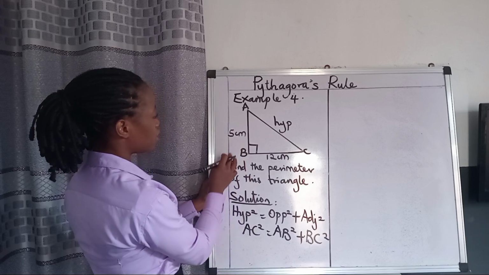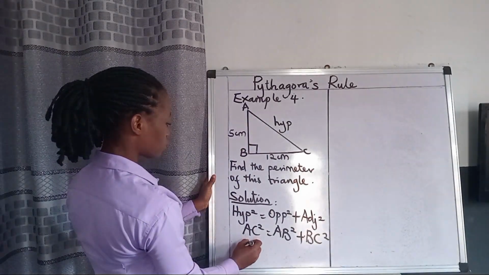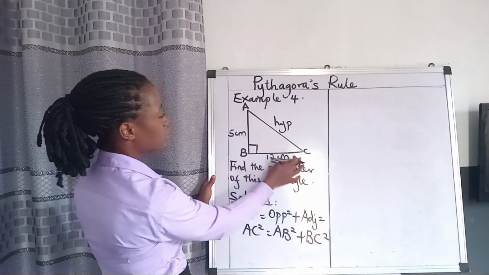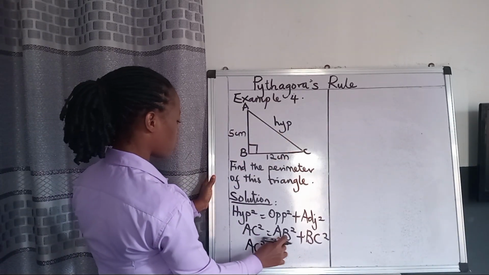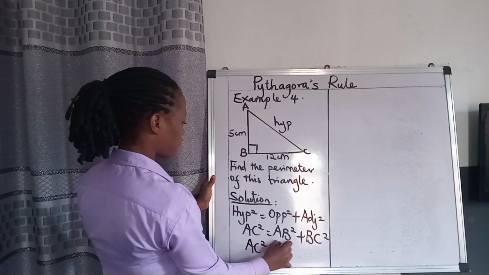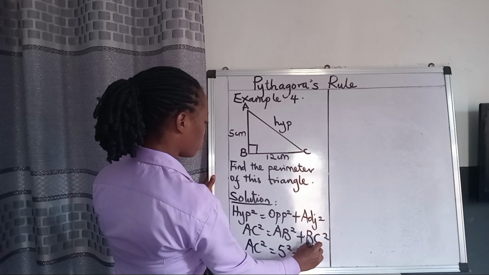Sorry, AC here is the hypotenuse, okay? So AC squared is equal to, AB is 5, so 5 squared plus BC is 12, plus 12 squared.